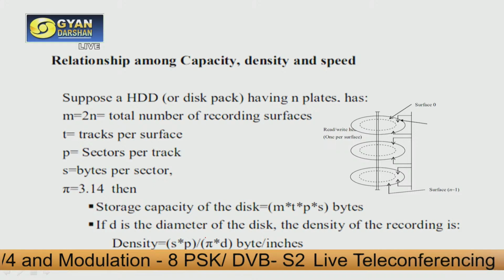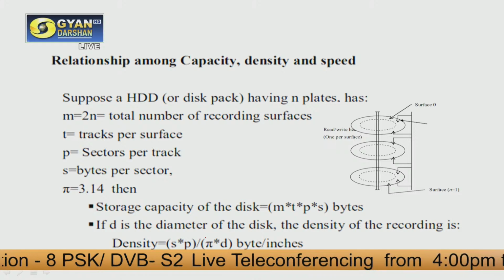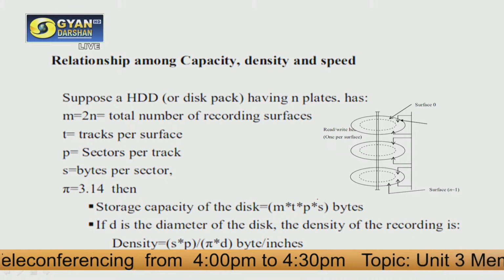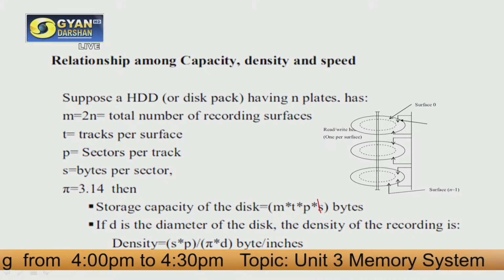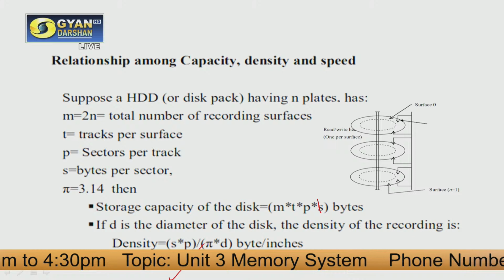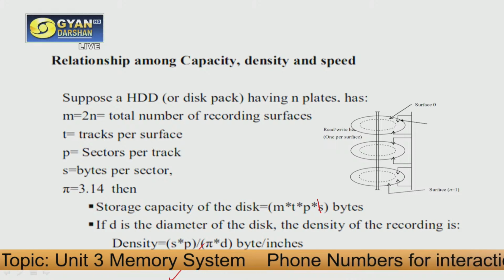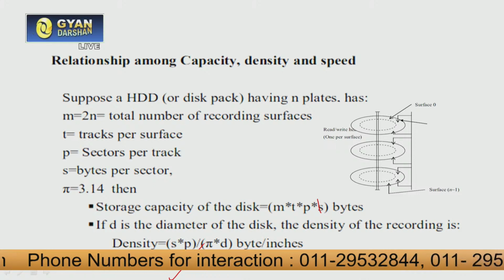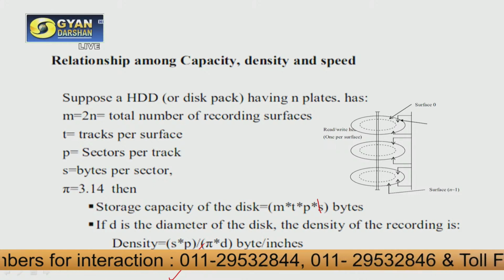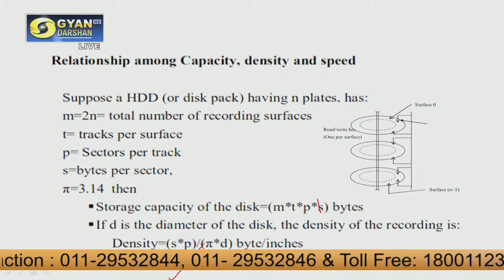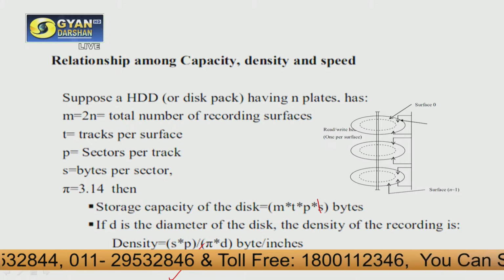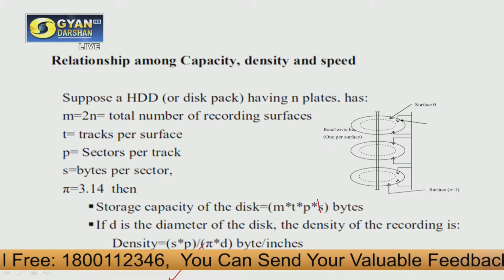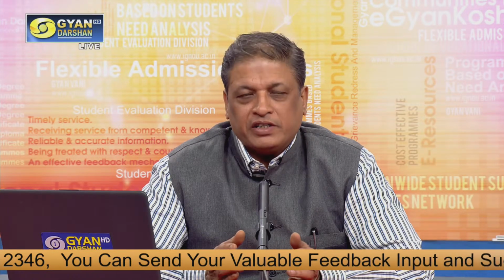Apart from this, the recording density can also be calculated, and it is given by the formula shown here, that is SP by pi D. That is, bytes per sector into sectors per track, divided by pi, which is 3.14, into the diameter of the disk. So you can identify the recording density, that is, the data density of any device.